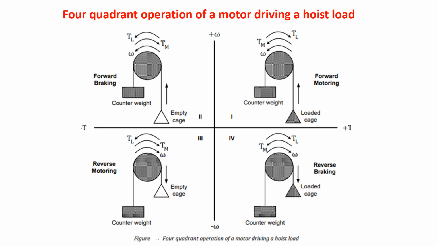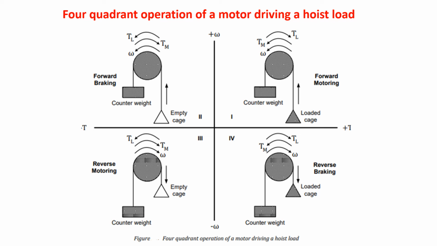If you see quadrant 1, operation of a hoist, it moves in upward motion, that is upward direction, which corresponds to the positive motor speed in anti-clockwise direction. So how are you obtaining this motion?